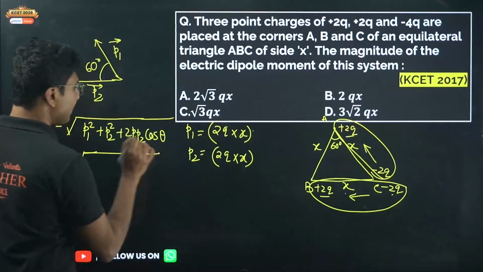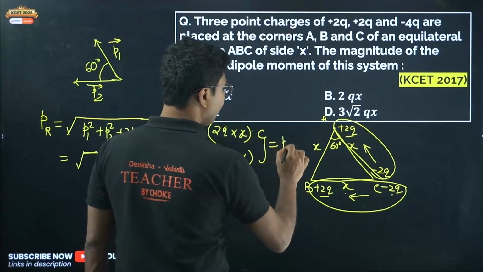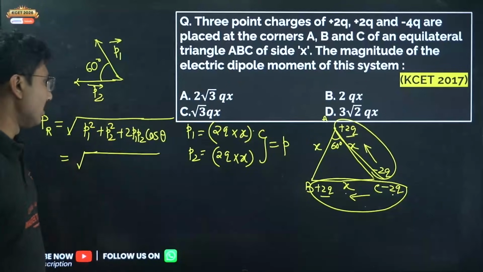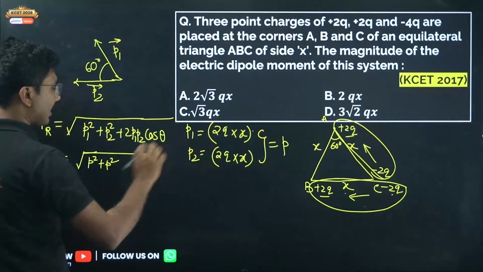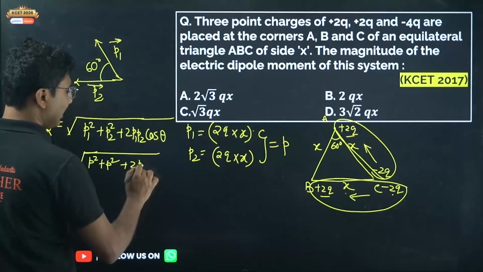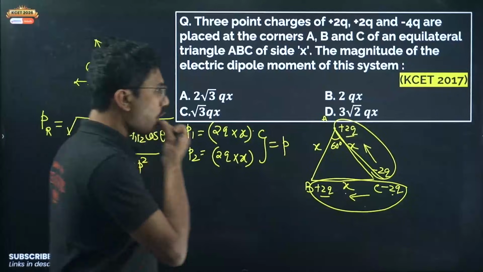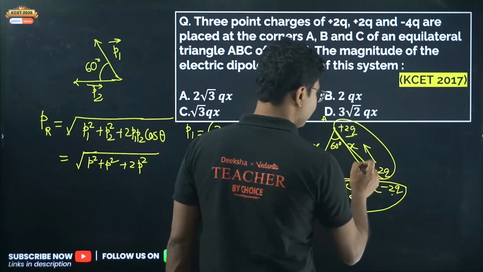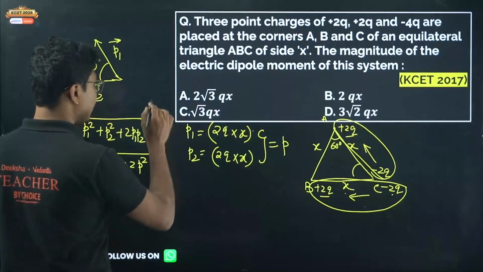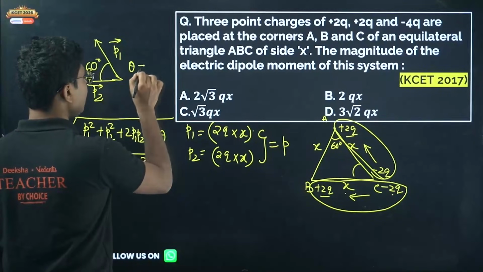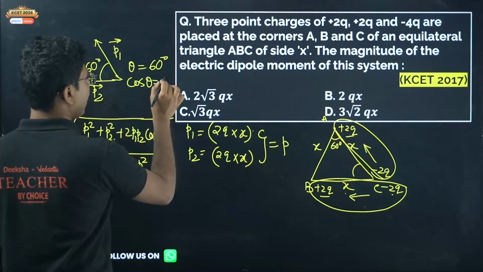For simplification, both of them are same, so let us denote both of them by a common term p. So we get p square plus p square plus 2p square cos 60. What is cos 60? Cos 90 is 0, so cos 60 is half. Theta equals 60 degrees, so cos theta equals half.